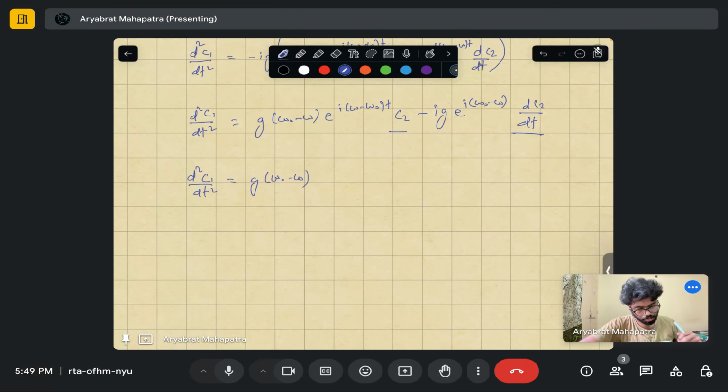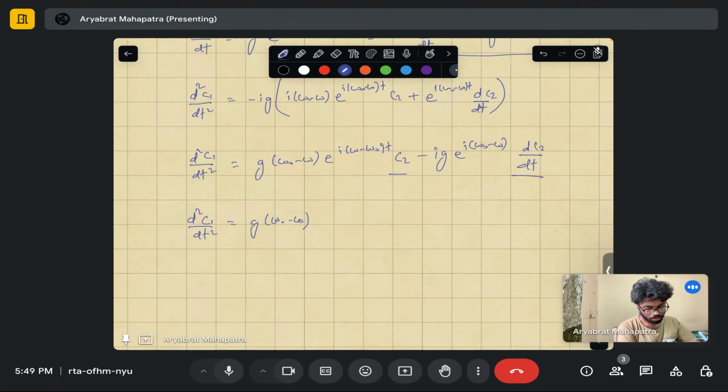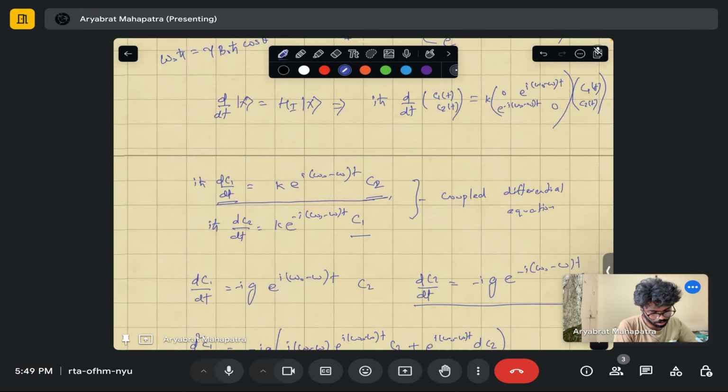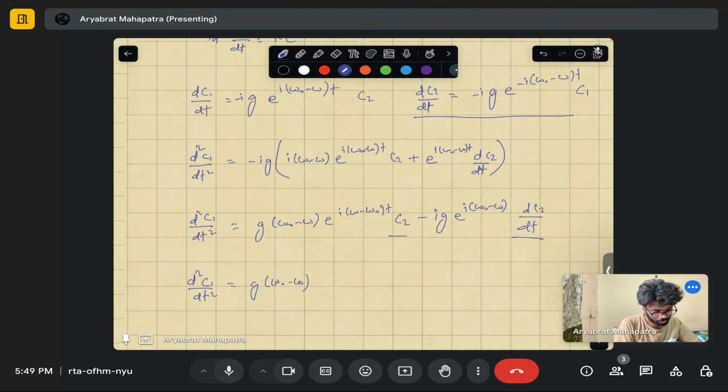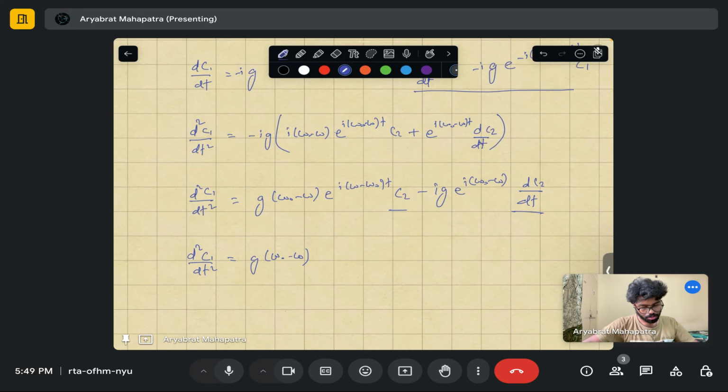I have C2 as, so K by H bar I'm writing as Z. If I take it to the left hand side, that will be 1 by Z e to the power minus i. Z will cancel out.